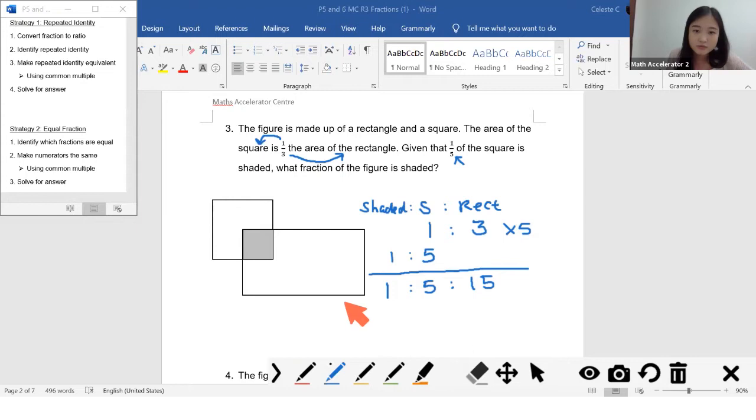Right, so now that you have this, let's fill it in your diagram here. The shaded is 1 unit. And then the square is 5. Right, so this entire square is 5.